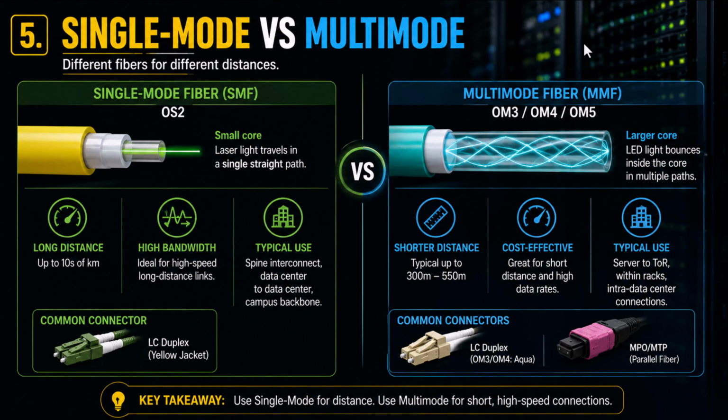Multimode fiber is commonly used for shorter distances, such as connections within a data center. The important thing is that the fiber type must match the optical transceiver and the design of the link. You cannot just look at a fiber cable and assume every optic will work with it.